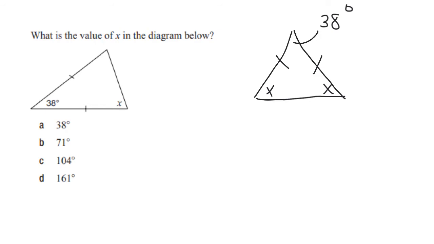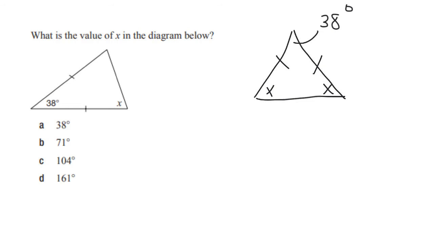We don't know what it is, that's why we're calling it x, so I'm going to place the same variable x in that corner as well. So if these two sides are equal, that means these two angles should also be equal. What I do know about the inside of a triangle is that all three angles together are going to add up to 180 degrees.